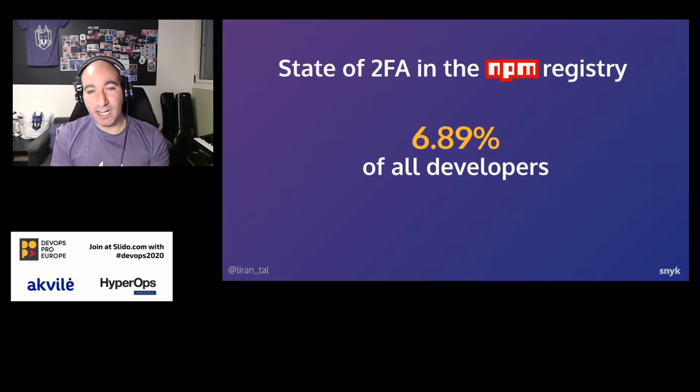This stat is maybe a few months dated, from last year, but still somewhere around 7 to 10% of all developers on NPM have two-factor authentication. This is despite the fact that two-factor authentication has existed on NPM since 2017. For a whole long time it existed, yet a very low number of the developers on NPM have actually enabled it. So definitely, if you have one, you should enable it.